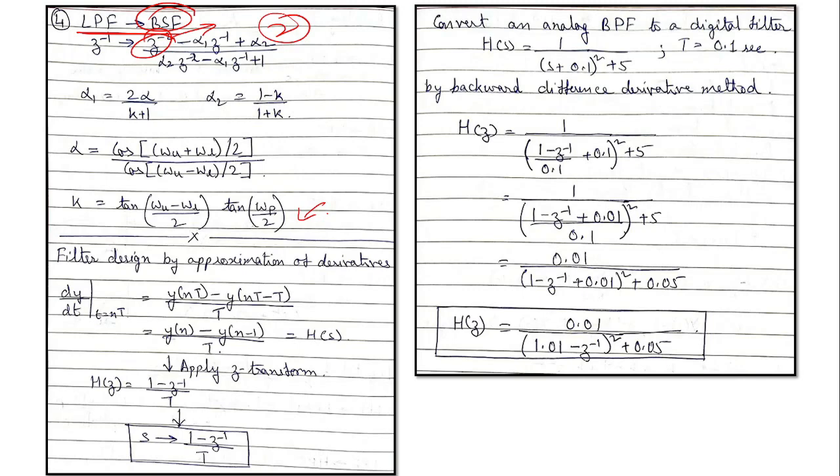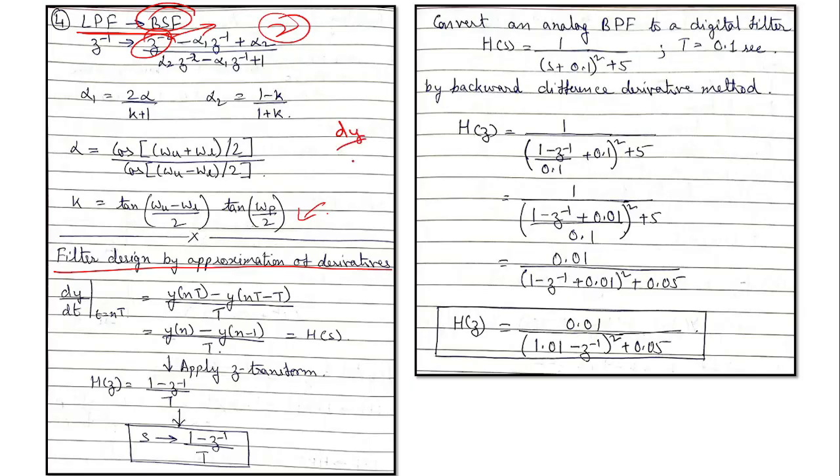Okay, so I'm not going into the numericals of this thing because these are pretty simple. You will be getting the values, you have to put them in and just calculate the alpha values and alpha 1 values and convert it. Now coming to the next method, filter design by approximation of derivatives. So when we talk about derivatives, what is derivative?